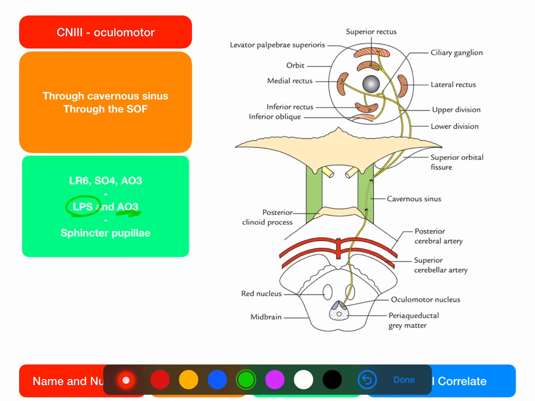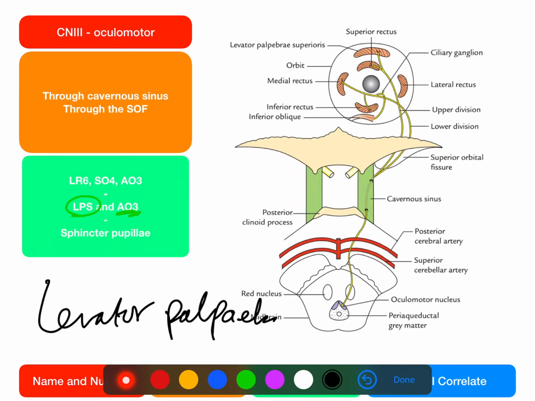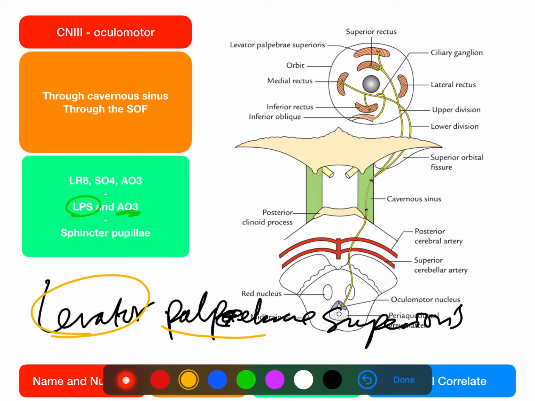Now let's unpack that. In fact, let me write it. Levator palpebrae superioris. So levator elevates palpebrae, the eyelid, superioris, superiorly.